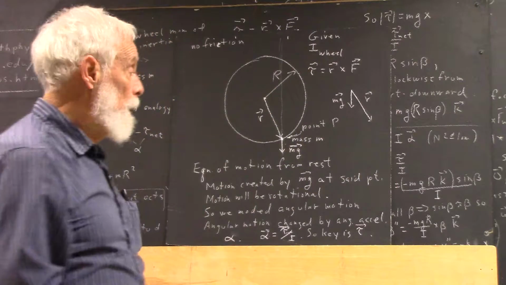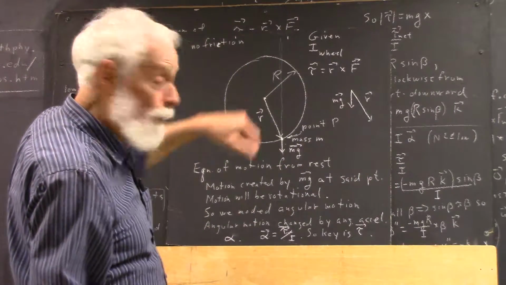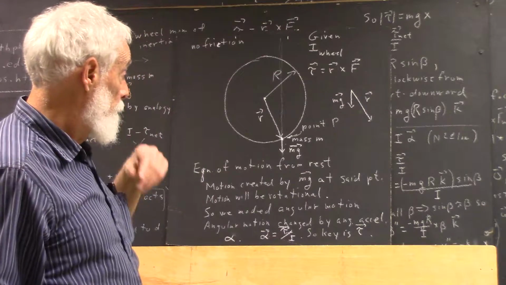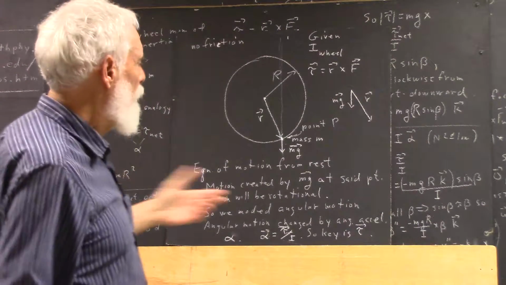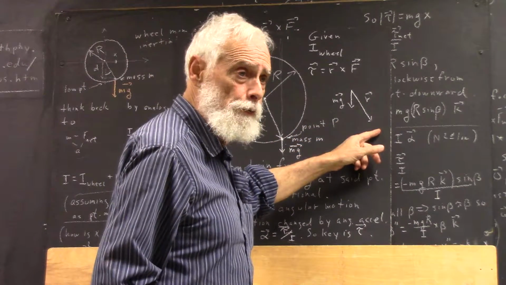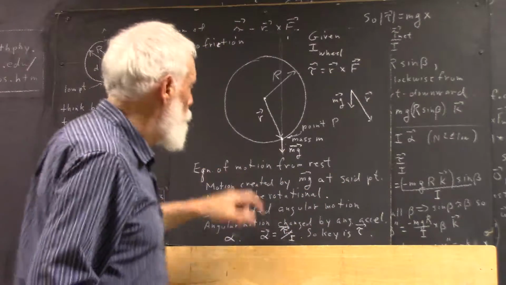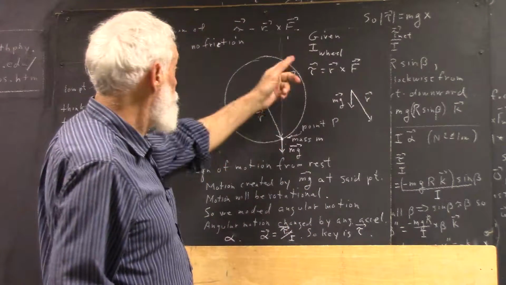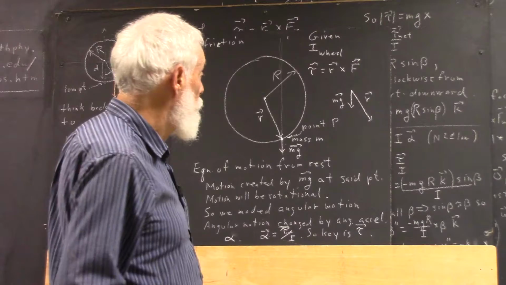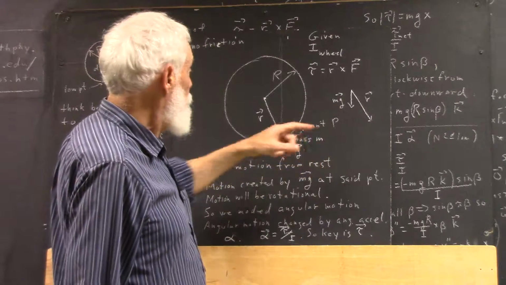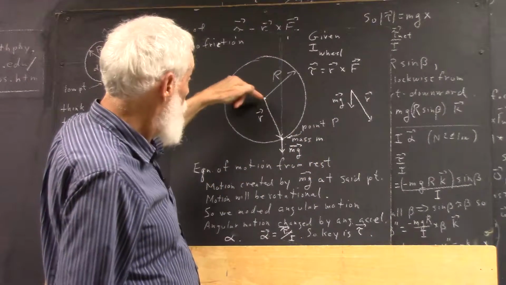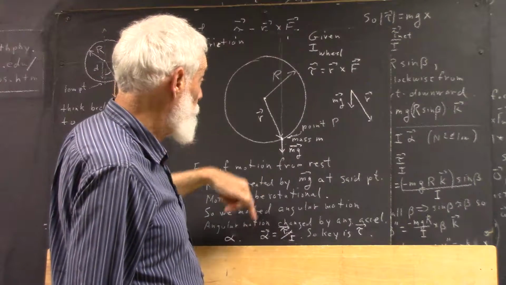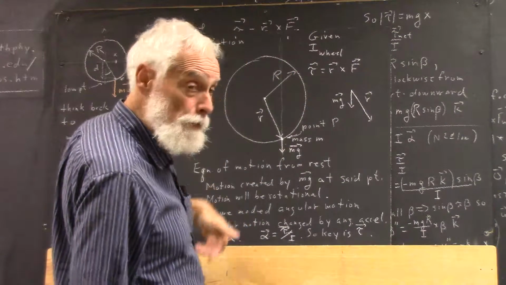So the torque is in the direction into the board. And it depends on the angle between these two vectors, because wherever this mass is on the rim of the wheel, it is going to be at the same distance big R from the axis, right? Because it's moving in a circle.